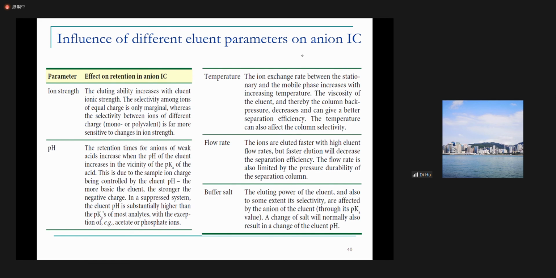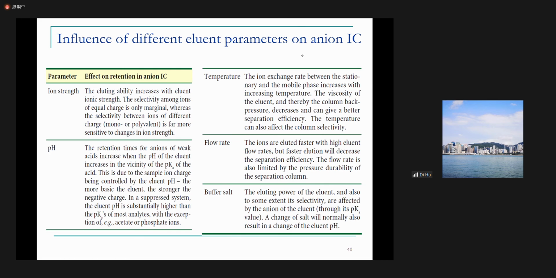The eluting ability increases with the eluent ionic strength. The selectivity among ions of equal charge is only marginal, however the selectivity among ions of different charge is significant, meaning the divalent ion has much stronger elution power than the monovalent one.